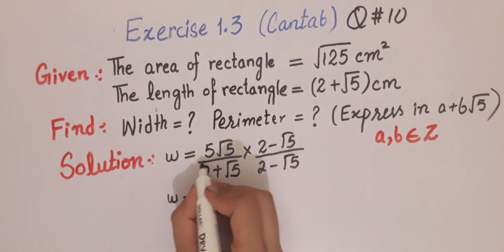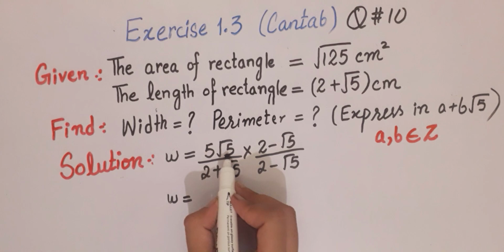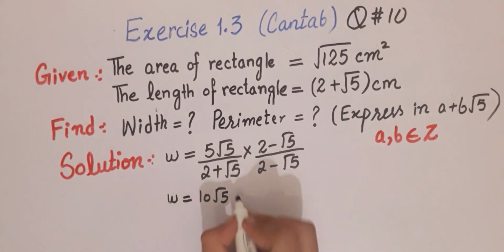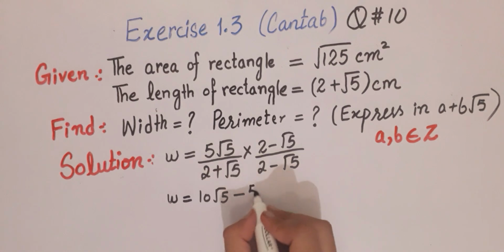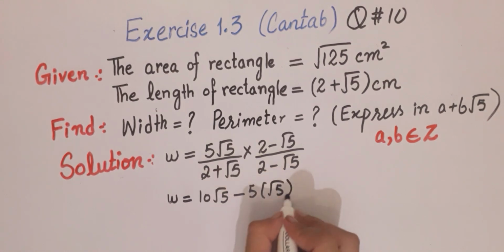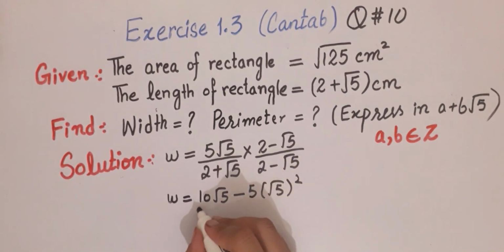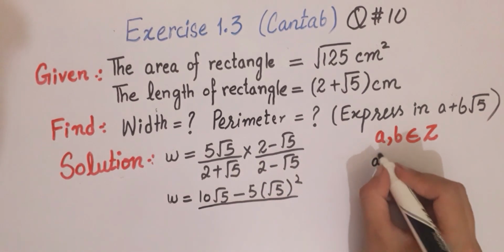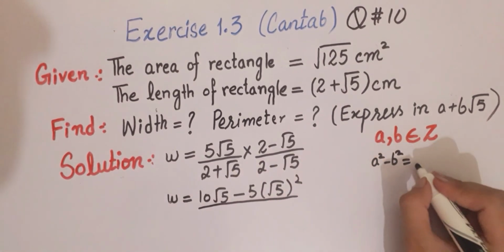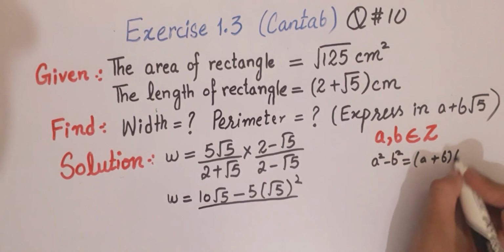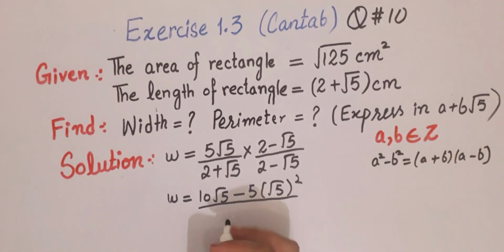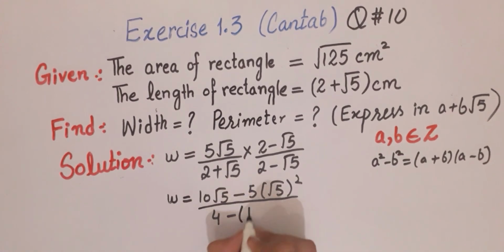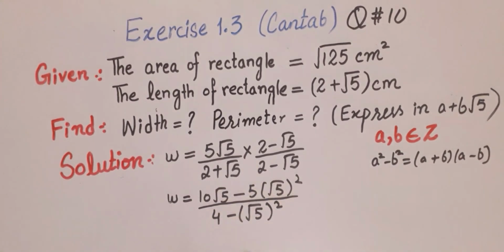So w is equal to, when we multiply 5 square root of 5 into 2, we have 10 square root of 5 minus 5 and square root of 5 square, and here we apply the formula of a square minus b square, which is equal to a plus b into a minus b. So we have 4 minus square root of 5 square.